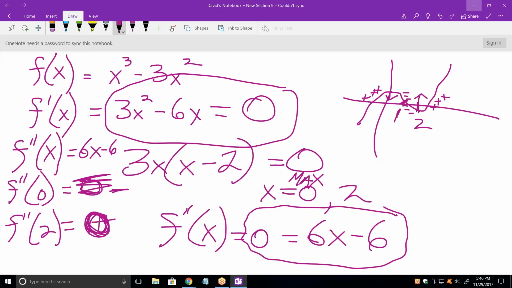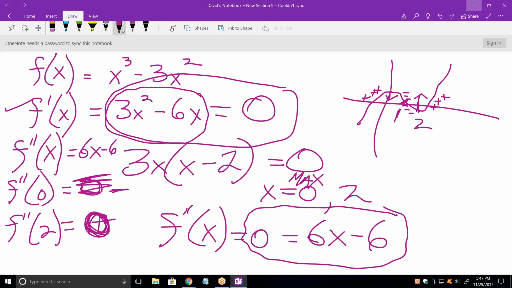It's just a lot easier because the other way, the first derivative test, you have to make up numbers to the left of 0, plug it in to the first derivative formula, and see if it's plus or minus. So I would have to plug in maybe minus 1. Well, if I plug in minus 1 here, I get a positive number.